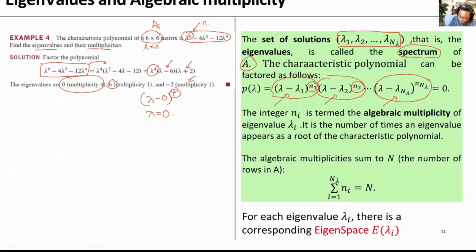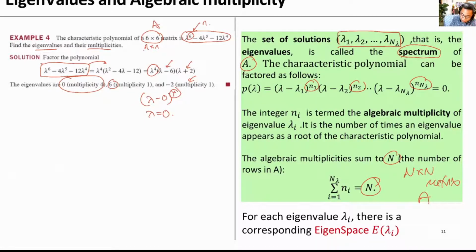If you add up all these powers, you get n, the dimension of the n by n matrix A.